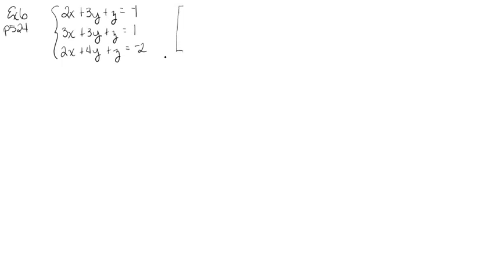So the coefficients of the left side of this equation are 2, 3, and 1, and 3, 3, and 1, and 2, 4, and 1. I hope you can see that. And that's my coefficient matrix. I'm going to use it to multiply by the column variable matrix of x, y, and z.